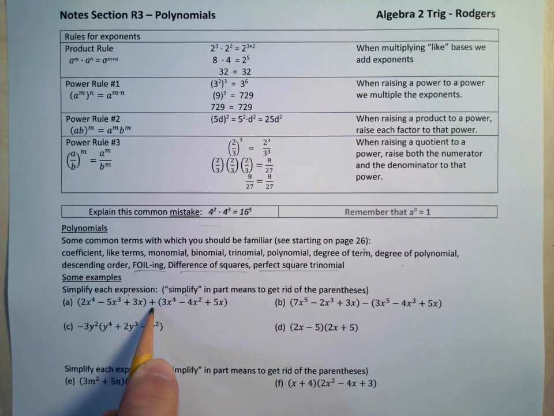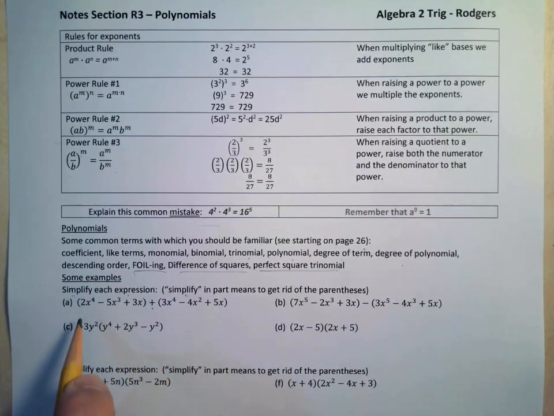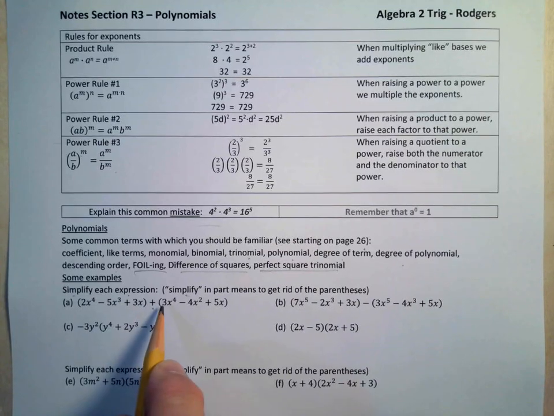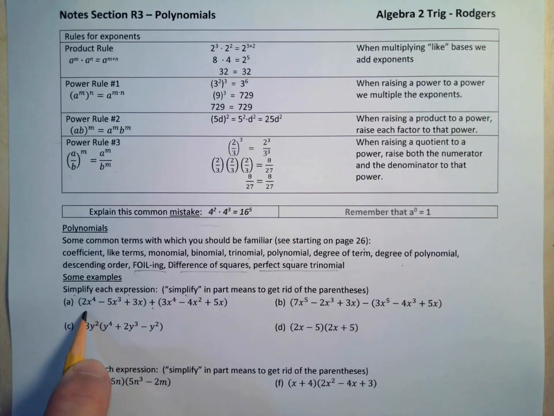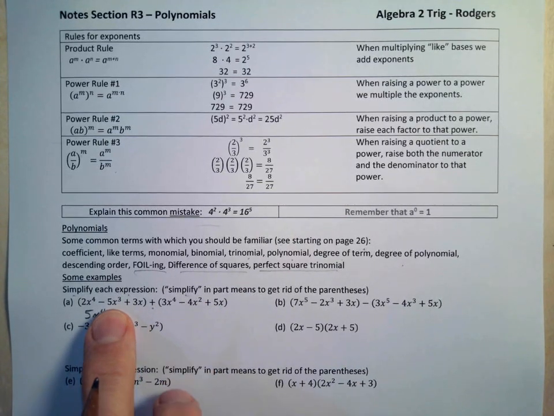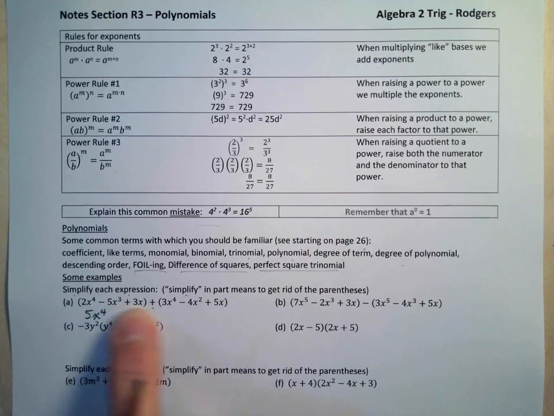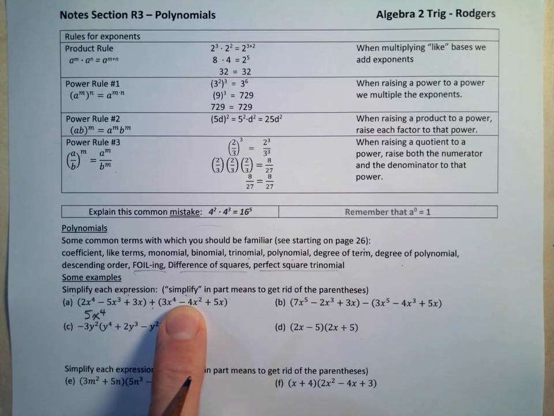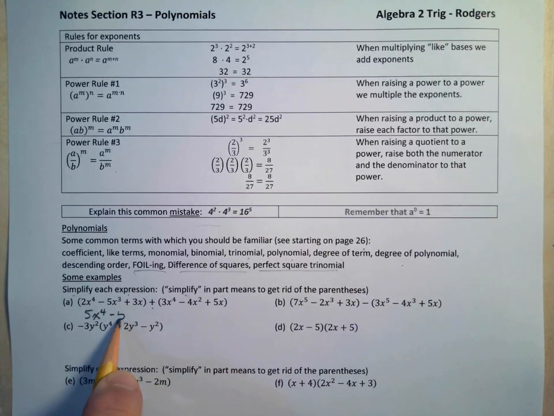I'm adding them here, so all the terms just get added. 2x to the fourth plus 3x to the fourth, that's 5x to the fourth. Sorry, there's not a whole lot of room there. We have negative 5x cubed. I don't have any x cubes over here, so I don't have any like terms. That's by itself.